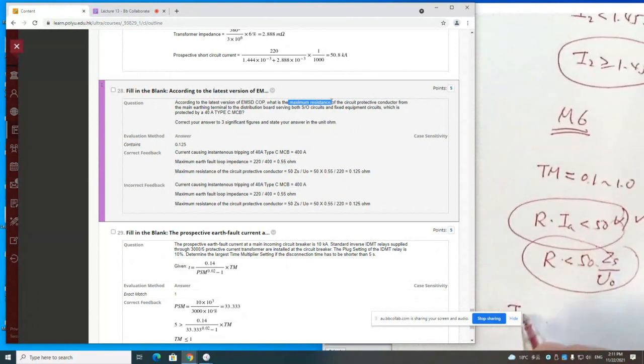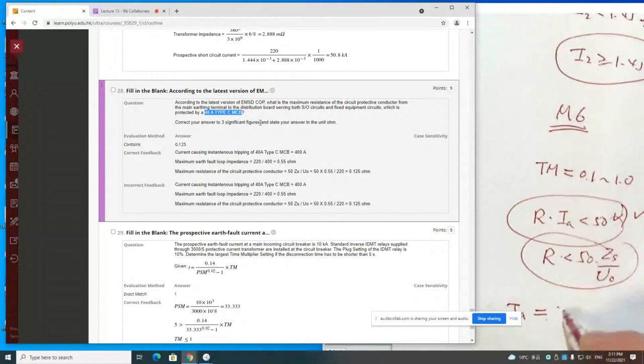And this R times IA should be less than 50 volts. IA is the current which causes the protective device to operate within 5 seconds. So in this case, you have a Type C 40 ampere MCB, and as you can see here, the multiplier is 10.